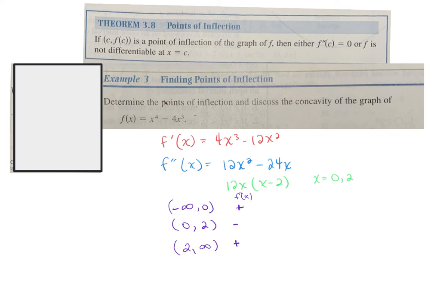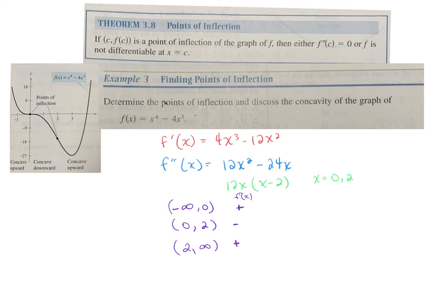All right. So hopefully this thing will go concave up to concave down to concave up, right? You can see that it goes concave up, concave down, concave up. All right.